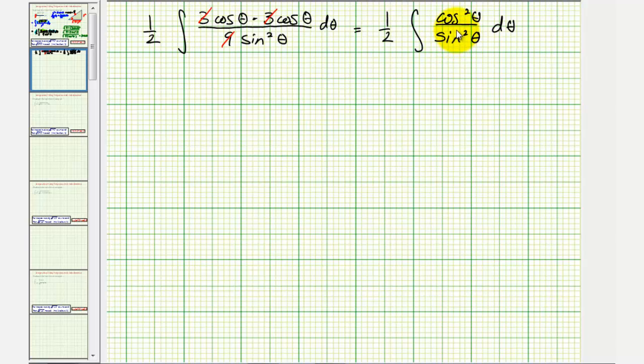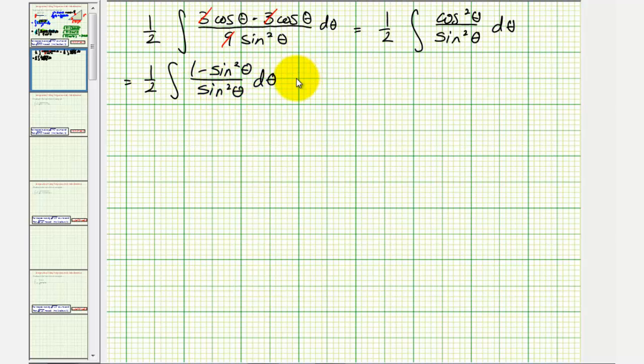Now I know this simplifies to cotangent squared theta, but we don't have an integration formula for a cotangent squared theta. So let's write this in terms of sine by substituting 1 minus sine squared theta for the numerator. So this would give us 1/2 times the integral of 1 minus sine squared theta divided by sine squared theta.